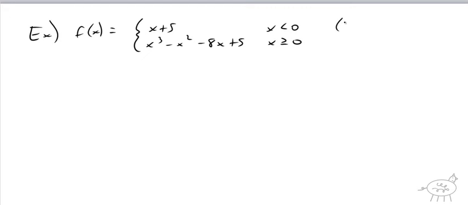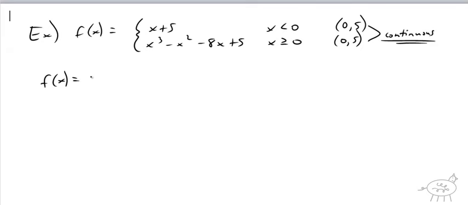If I check that, I get (0, 5), and for this one, if I plug in 0, I get (0, 5). So it is a continuous function. That's good. Let's investigate each one of these. So f of x equals x plus 5. If I do f prime of x, I get 1. So you agree that the slope is positive everywhere.